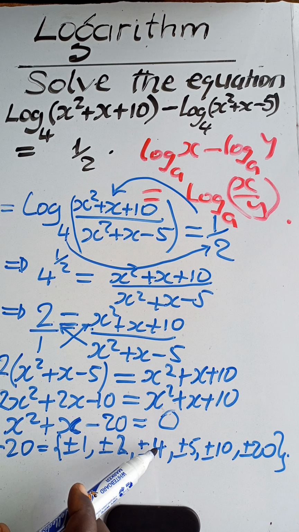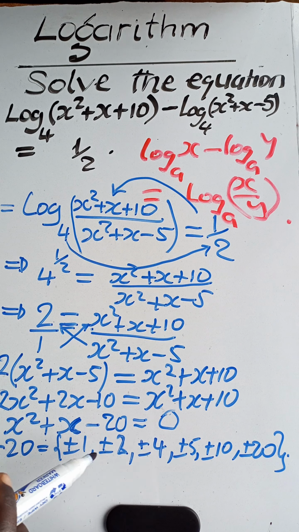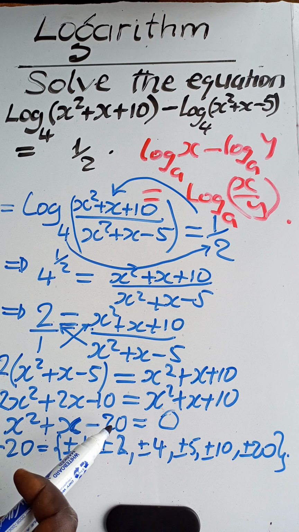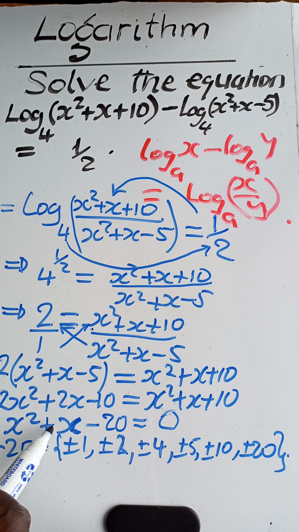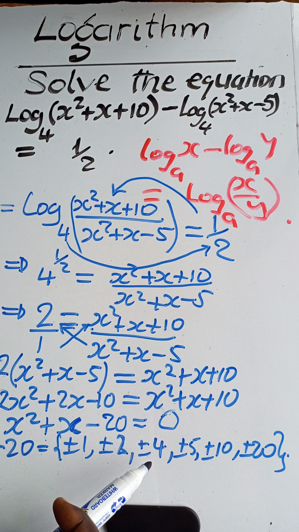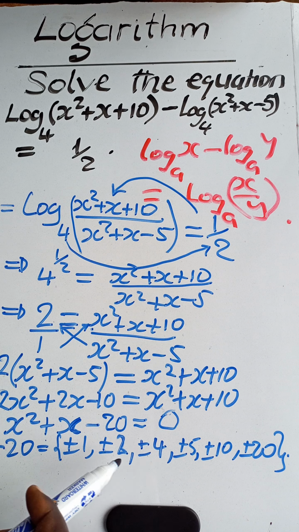We have 2, 4, 6, 8, 10, 12. There are 12 of them. So inside these 12 numbers, there are only two that will respond to the requirement here. Only two of these numbers will give us a product of negative 20 and at the same time a sum of 1.